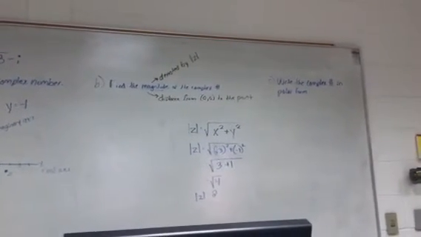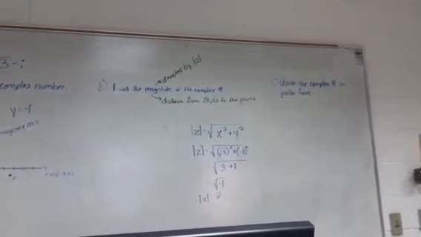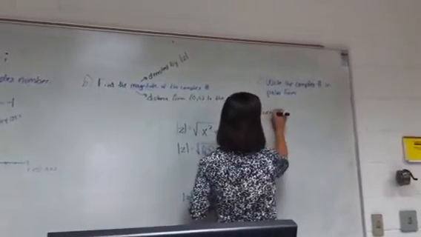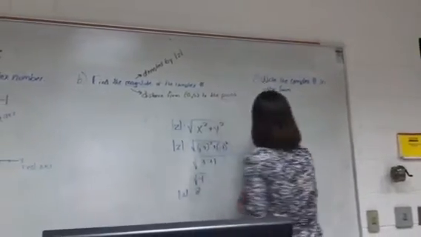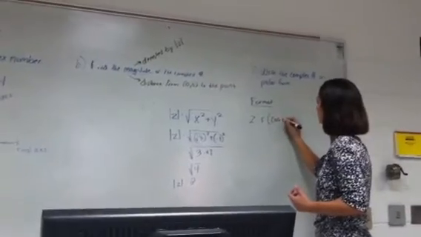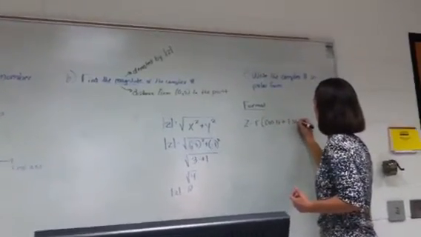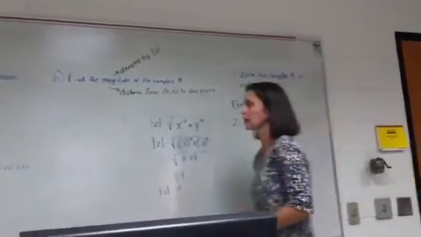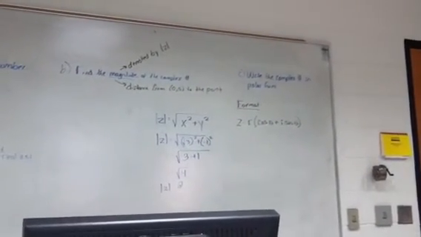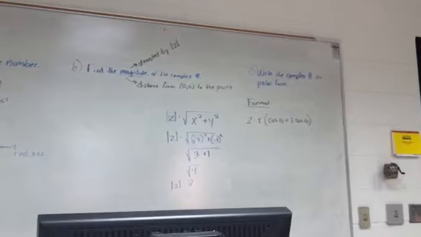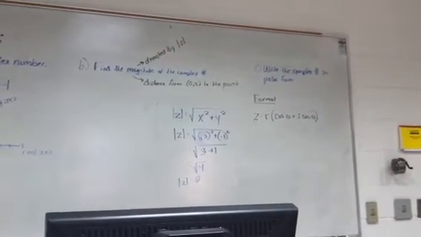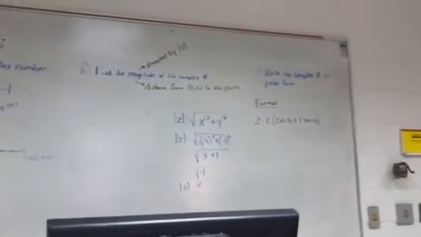Now, the format that they ask us to write our answer in looks like that. Okay, so if you're going to write for me a complex number in polar form, it needs to look like that. You can't just say R is this, theta is this, and be done with it. You've got to have it looking like that format. Okay.